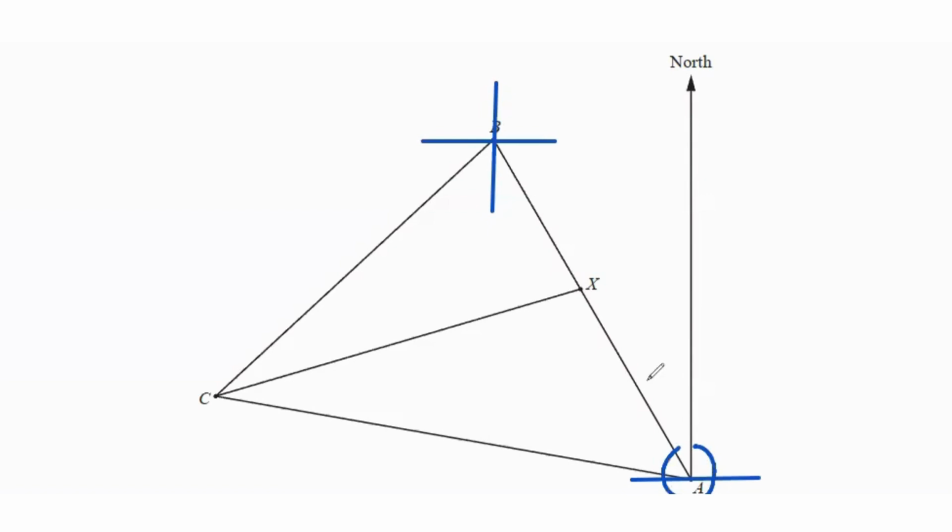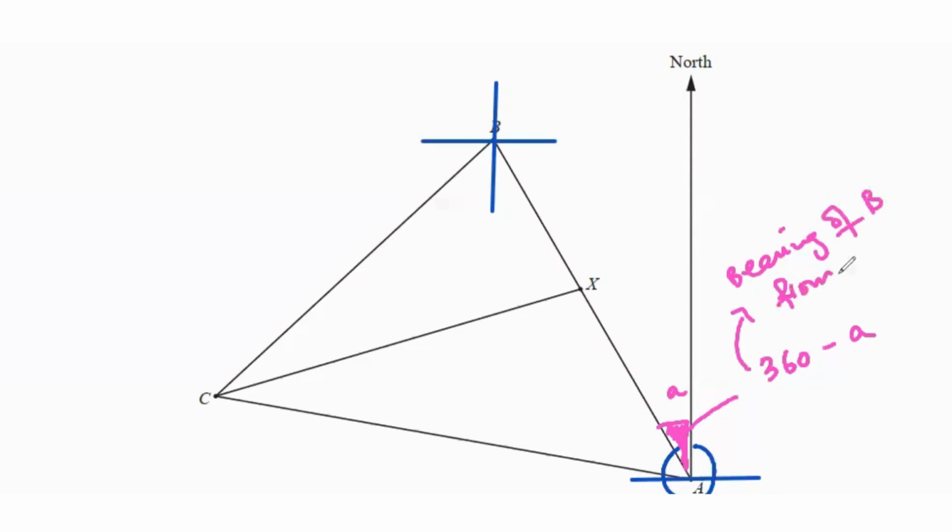So you can easily measure this angle using a protractor. You measure this and then you subtract this angle from 360. I'm going to call this A. So you subtract A from 360 and that would give you the bearing of B from A. When it says from some point, then you measure the angle from that point towards the line where the other point is located. So you'll use a protractor for this and you'll easily get your value.